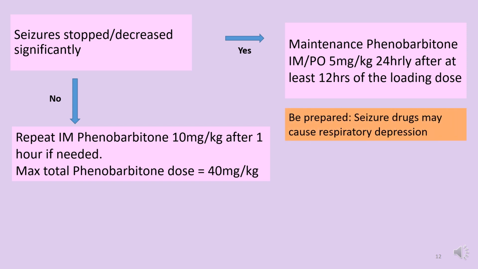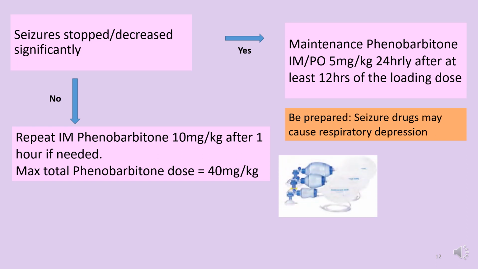Like we said, the presence of a seizure will usually deprive the brain of oxygen. At the same time, the administration of phenobarbital also has respiratory depression effects. And so you must be prepared. Even if the neonate is on oxygen, anything can happen. They can go into failure, respiratory failure or arrest.